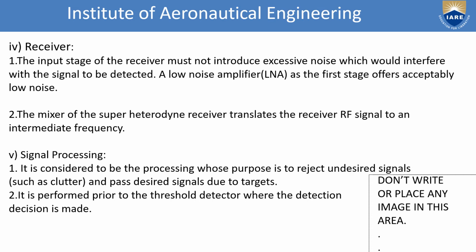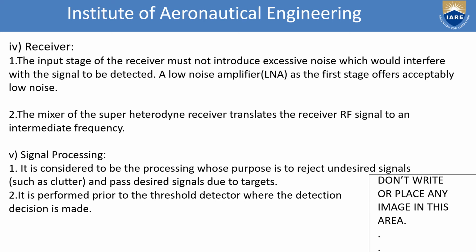Receiver. The input stage of the receiver must not introduce excessive noise which would interfere with the signal to be detected. A low noise amplifier as the first stage offers acceptably low noise. The mixer of the superheterodyne receiver translates the received RF signal to an intermediate frequency.